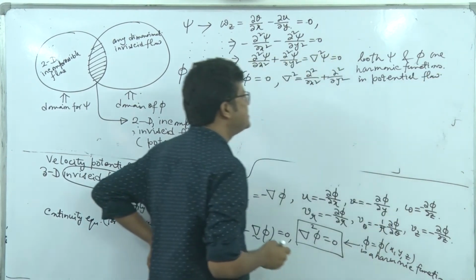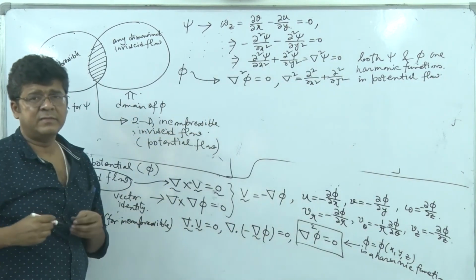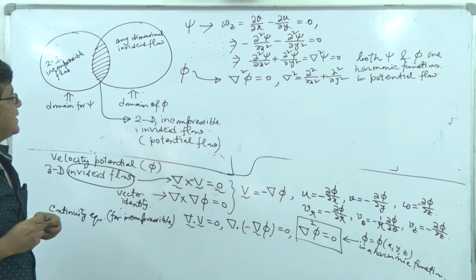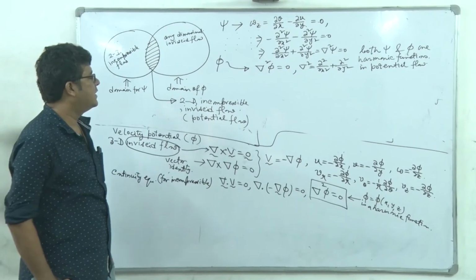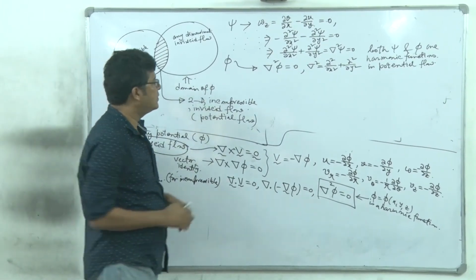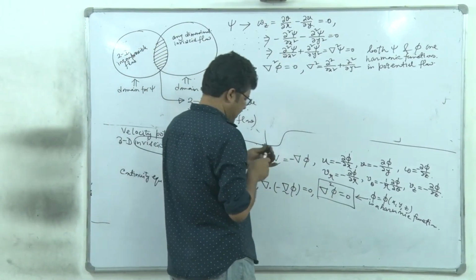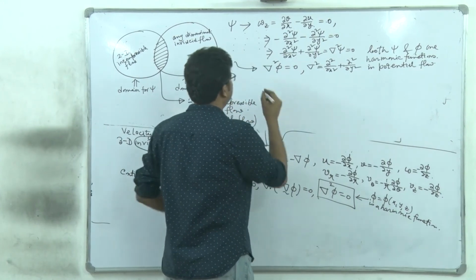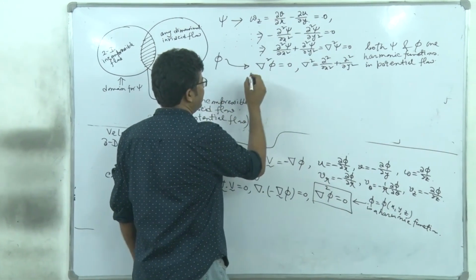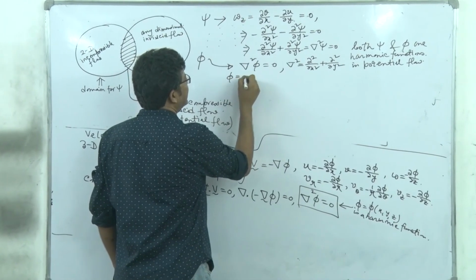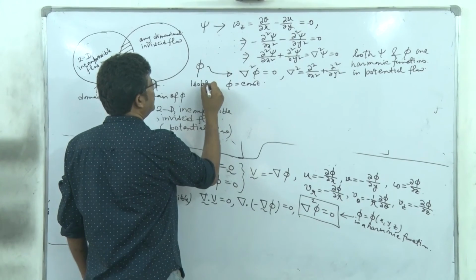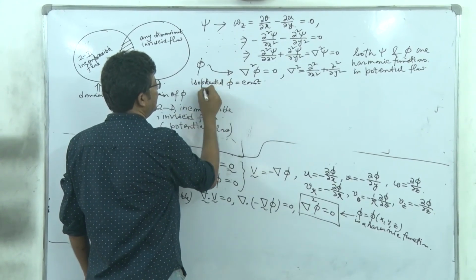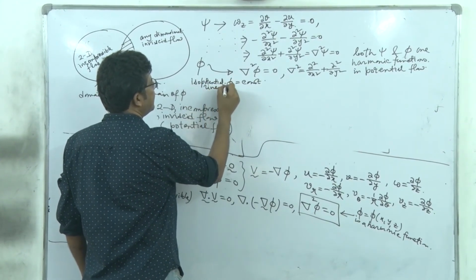Right? Now there will be some isopotential lines and streamlines. Isopotential lines means phi constant and streamlines means xi constant. So what will be the isopotential lines equation or rather characterization? So phi constant, so these are isopotential lines, right?